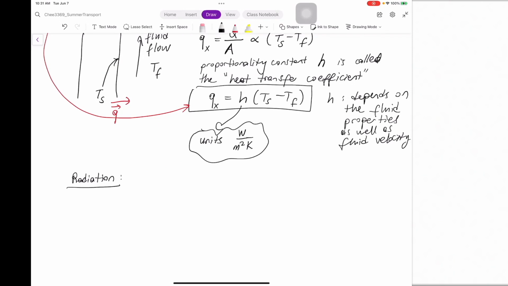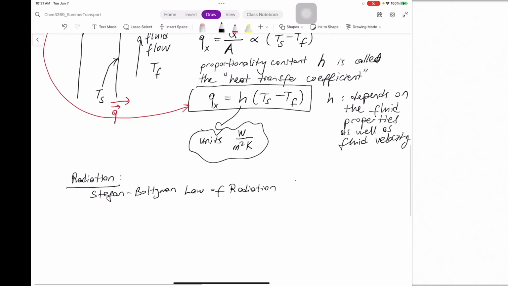Let me write down the Stefan Boltzmann law of radiation. So this is another constitutive equation, okay, which I wrote, I guess, yesterday.